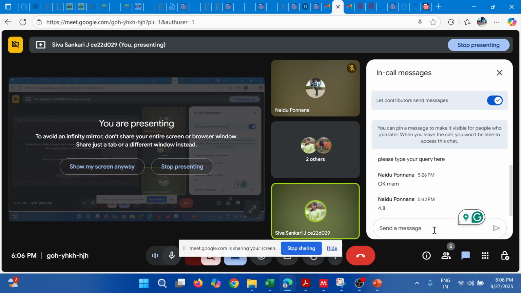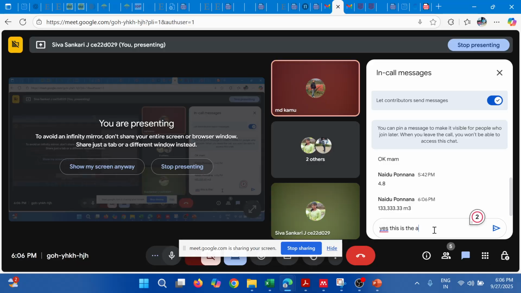Four point eight. How did you get 4.8, Naidu? Let me share my screen. This is the answer I'm getting. Yes, ma'am, I am also getting the same.